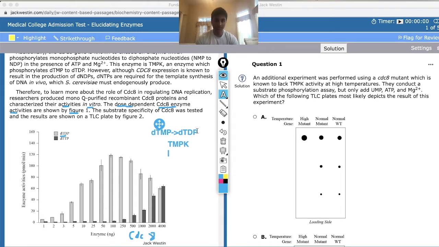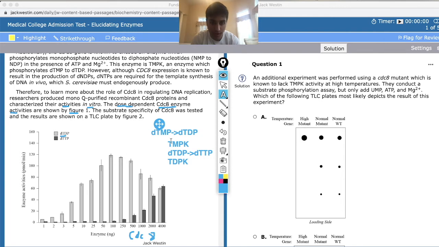What we want to see is if the CDC8 enzyme can make the dTTP, because that is our triphosphate. Remember, we need the triphosphates for DNA replication, so that's what we're looking at. So you want to see if it can go from dTDP to dTTP. So this would be TDPK activity, right?